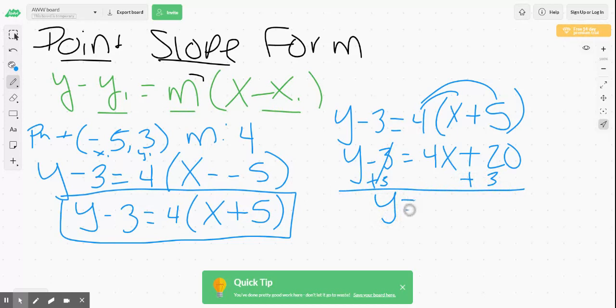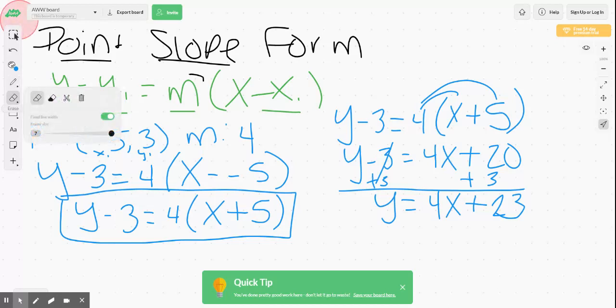So I have y equals 4x plus 23. Either equation is correct. You just have to pick whatever the problem's asking for. So if they just want an equation, we can stick with the first one. If they want it in slope-intercept form, then you distribute. And okay, so let's do one more.